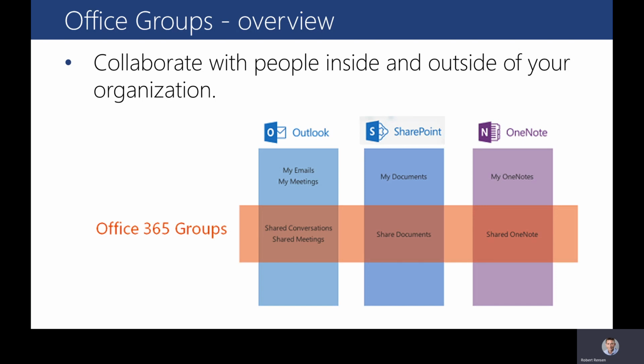As mentioned, you can collaborate with people inside and outside of your organization, and it includes chats, document management, calendar, and OneNote. And it's accessible only to designated group members. And this is ideal for collaboration or teamwork in the context of a Dynamics 365 record.